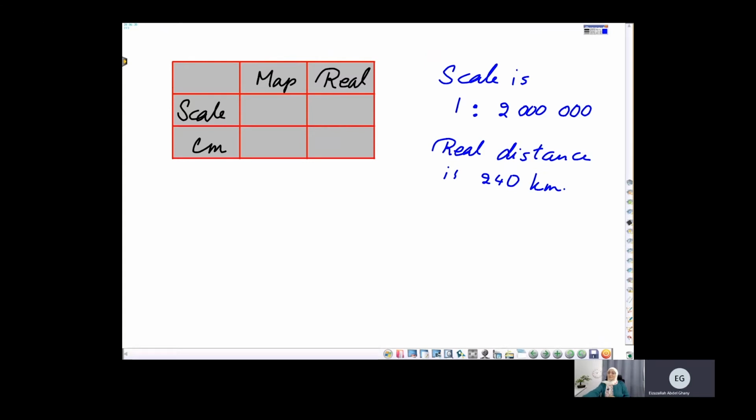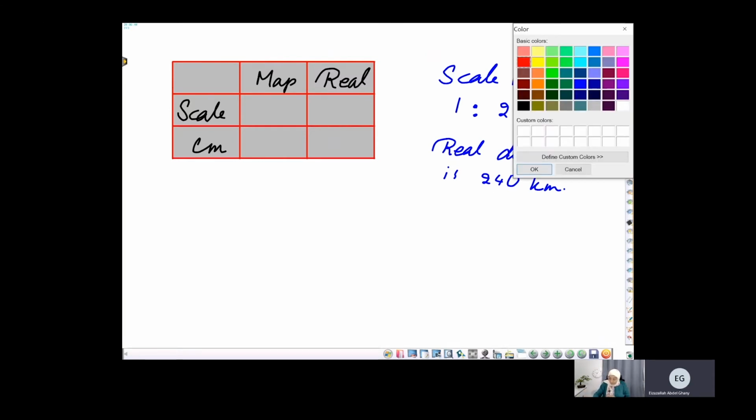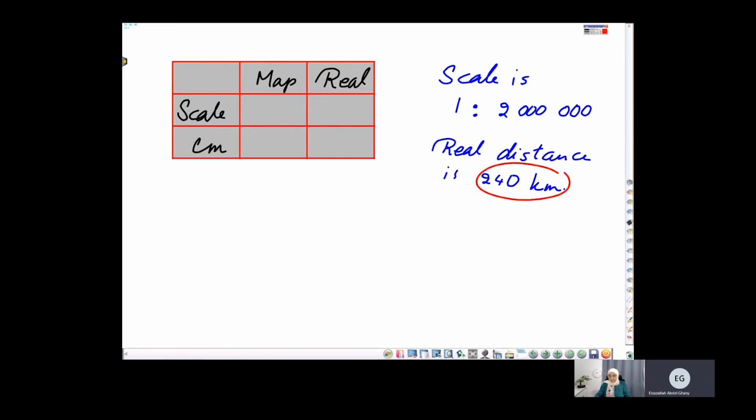Big to small, multiply, and small to big, divide. We want to convert this 240 kilometers into centimeters. You remember, you can refer to the first video. So now you just multiply this by 10 to the power of 5. You remember when I told you it is 5 zeros, and remember we said we will need it in map scale.